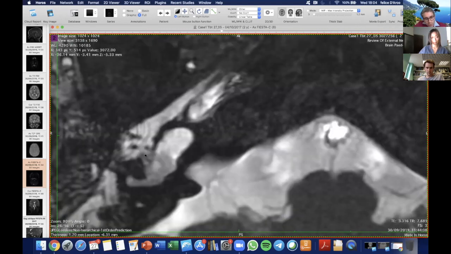You see these 2 small areas of hypointensity. This is anterior and posterior crus of the stapes. So this is the stapes, but look, normally the stapes should go into the oval window, which here is quite enlarged. So there is quite a gap beyond the limit of the footplate of the stapes.